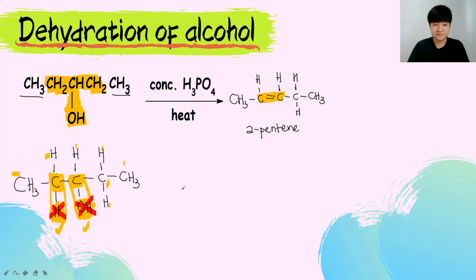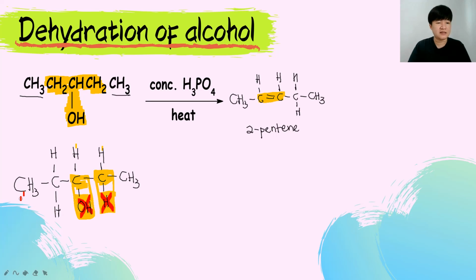Okay, simple. So let's see what happens when we remove the hydrogen on the right carbon. Same thing, we will focus on the carbon that is holding the OH. This is our focus, definitely. And just now we removed on the left. So let's try if I remove on the right. So if I remove hydrogen, okay? This is the 2 carbon that we will focus on. They will be leaving, going out. Bye-bye.